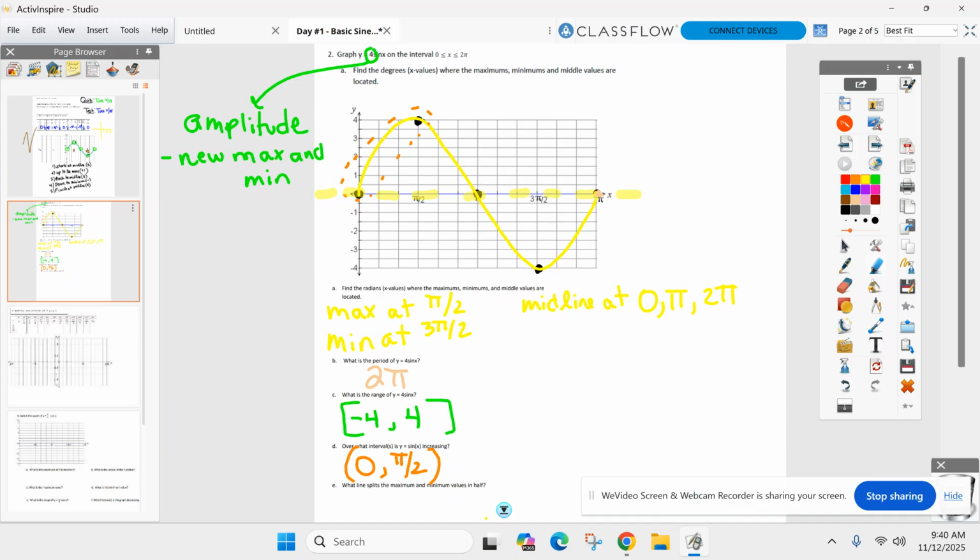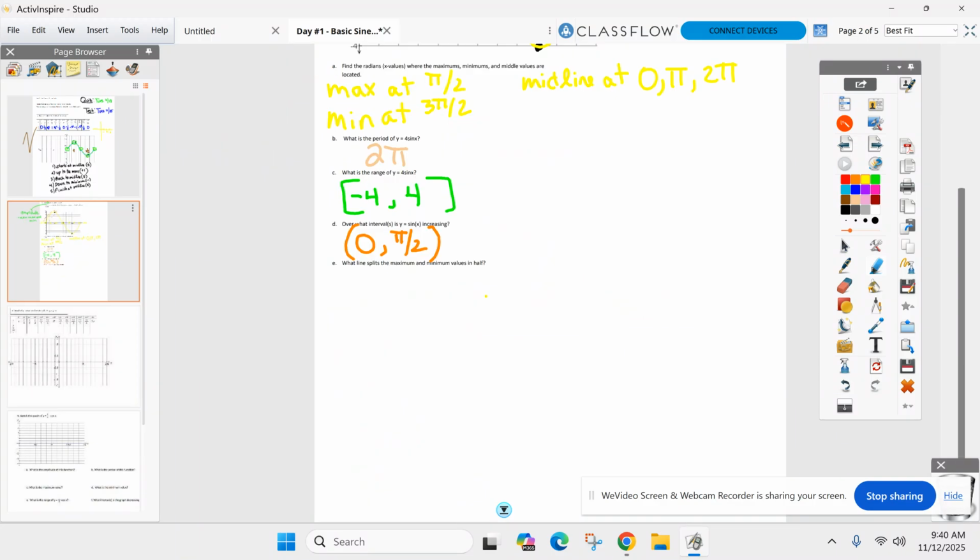Anybody know the equation of that one? It's horizontal. Well, it's y equals. Y equals what? Where does it go through on the y-axis? 0. Y equals 0. There's your midline.